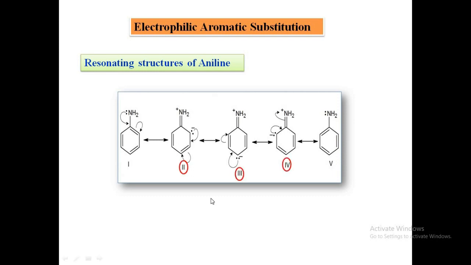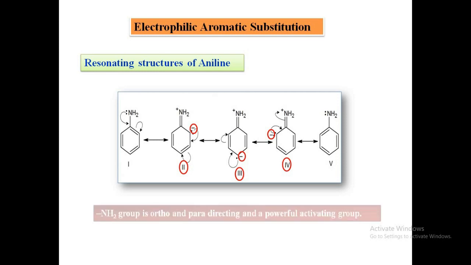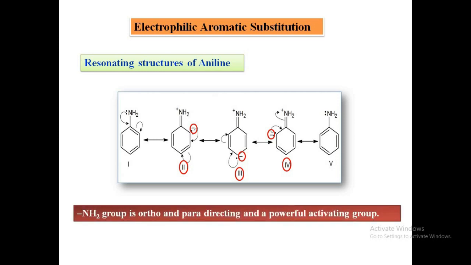And in structures second, third and fourth, the ortho position, para position, and again the ortho position are rich with electron density. Thus, the amino group is ortho and para directing and a powerful activating group.